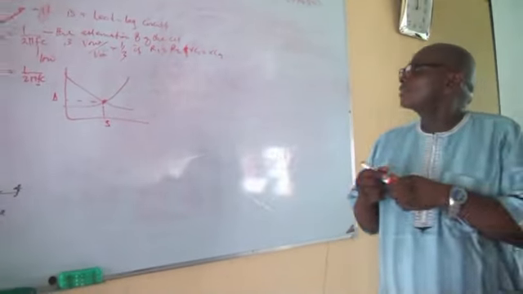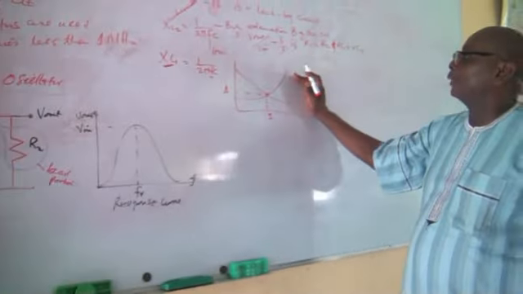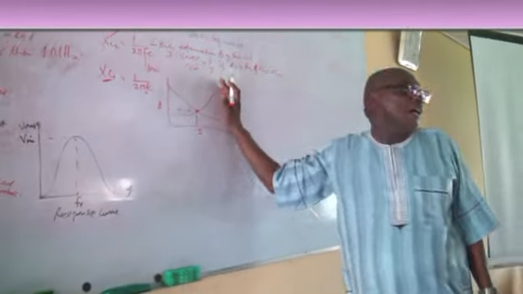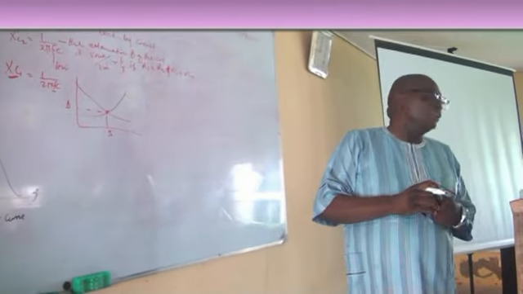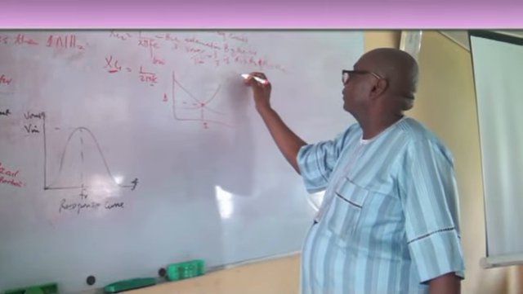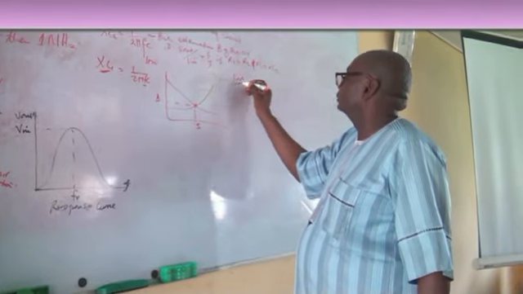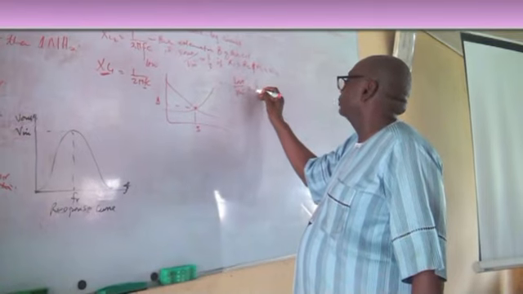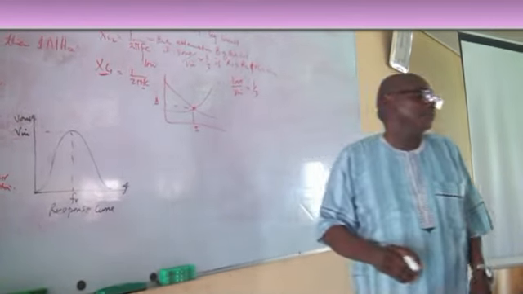In other words, from this relationship here, we are going to have V out over V in equals 1 over 3.